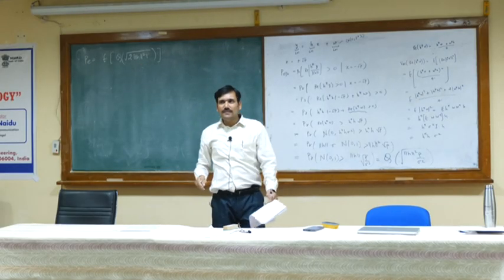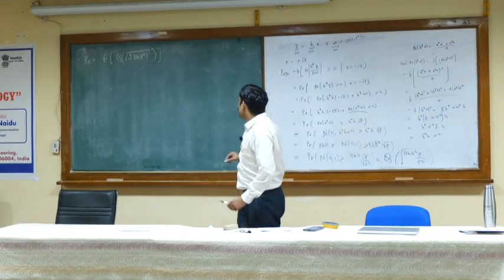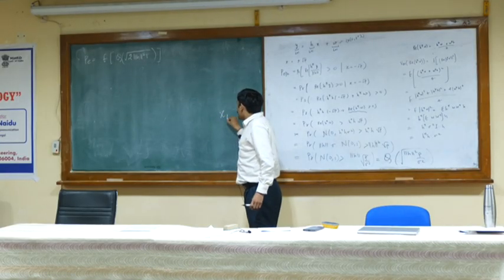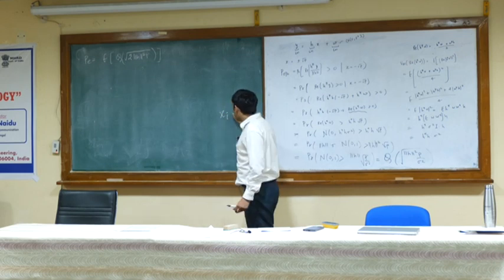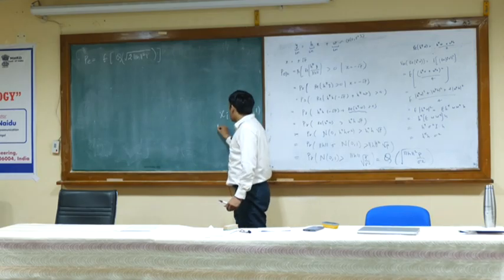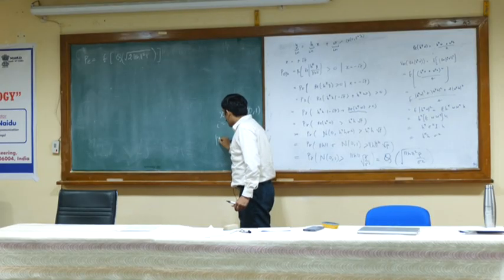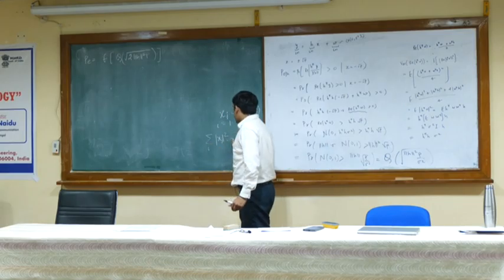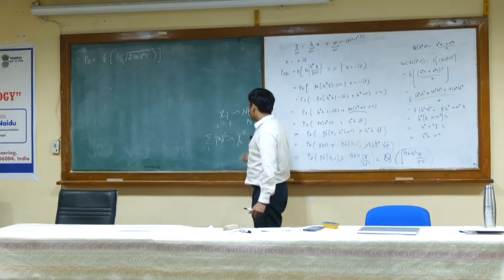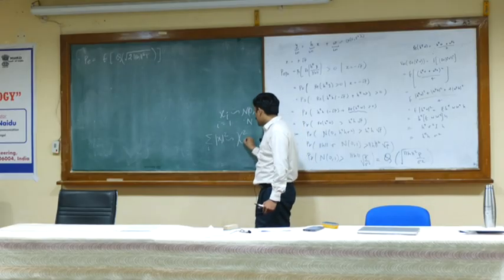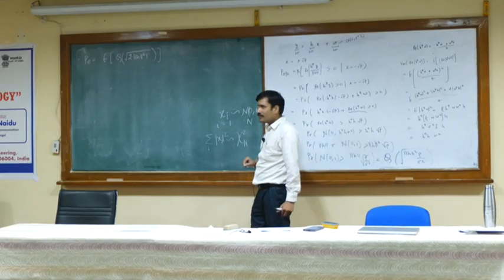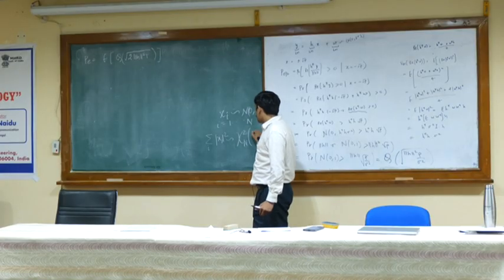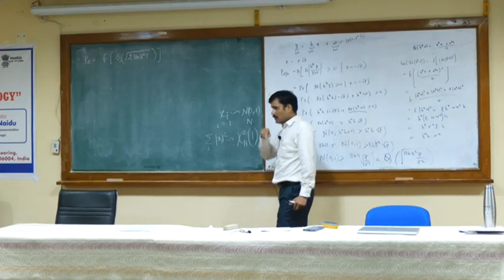If we have some xi complex random variable, let's say n 0 1, with i equals 1 to n, then the summation of mod of xi square will be chi square distributed with N degrees of freedom and variance 1.